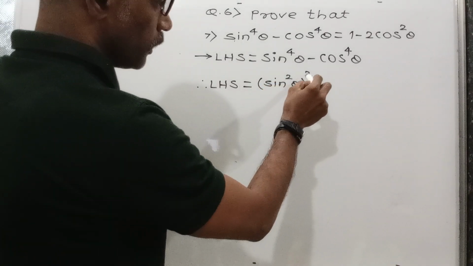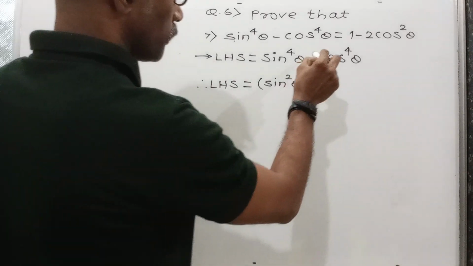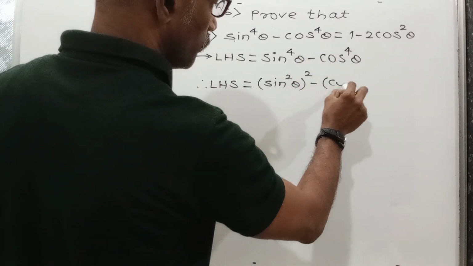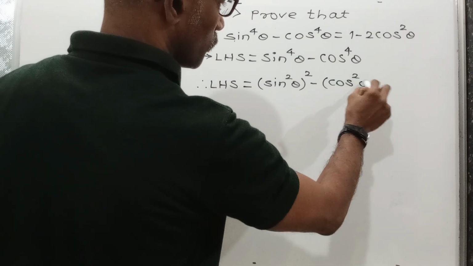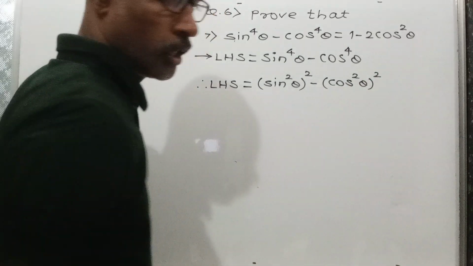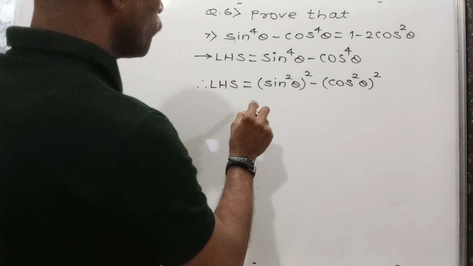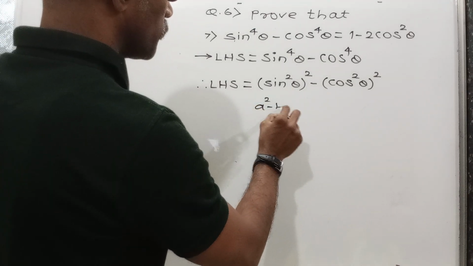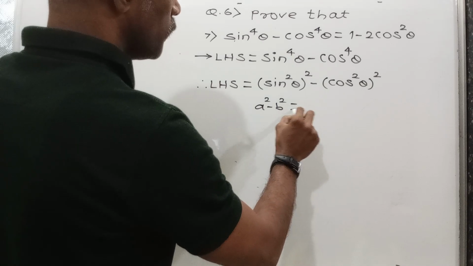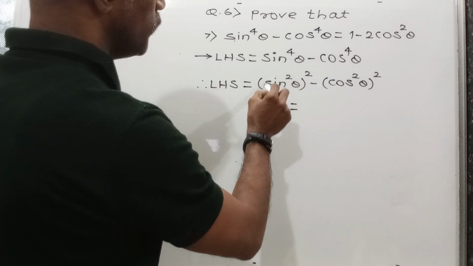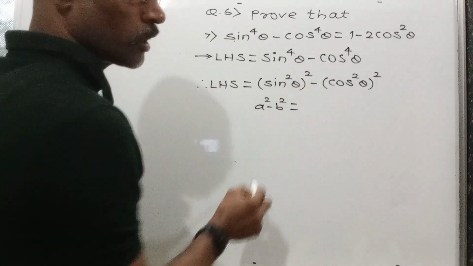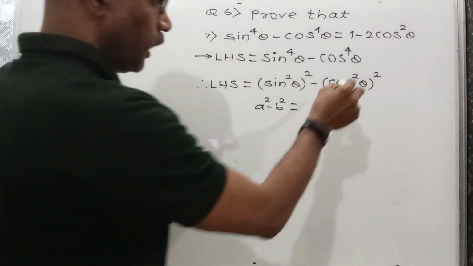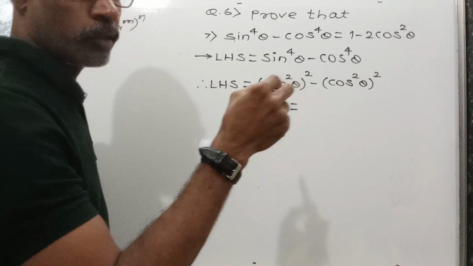(sin²θ)², then this sign. We apply the same here: (cos²θ)². Did you understand? Now we use the formula a² − b². Here sin²θ is our a and cos²θ is our b.